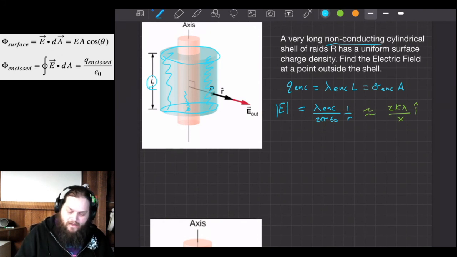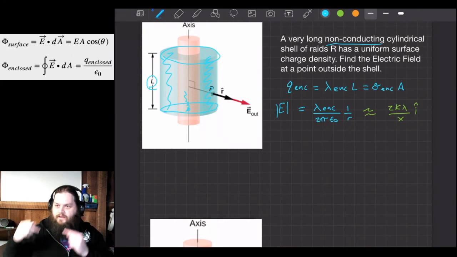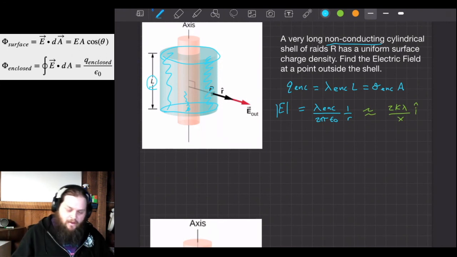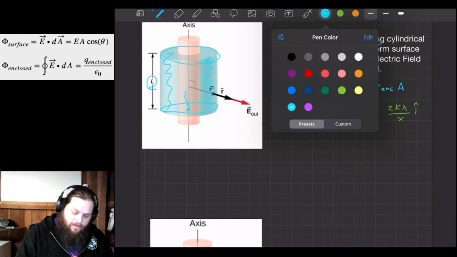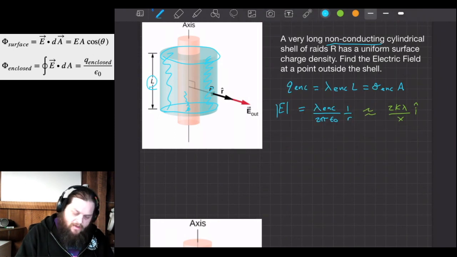But now, instead of having just a point charge on that line, we actually have this surface of the wire going around it. So when we calculate that, we can say that the charge density of the enclosed is equal to sigma naught 2 pi r L divided by L.